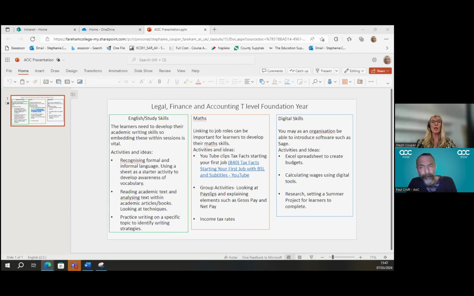You can also often get guest speakers from the banks, if you approach them, to come in and do something in relation to that. With legal, finance and accounting, even things like marketing companies coming in and doing activities with learners can be really beneficial, because that shows where you can take things in the future.